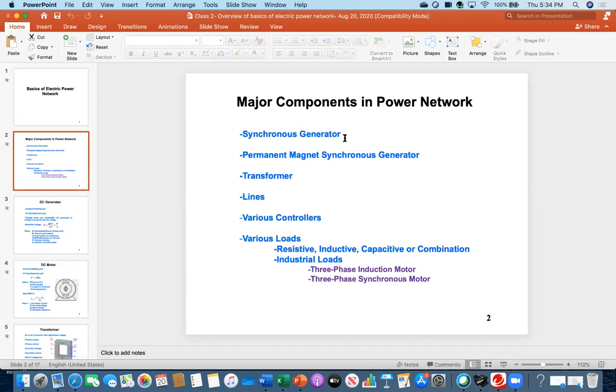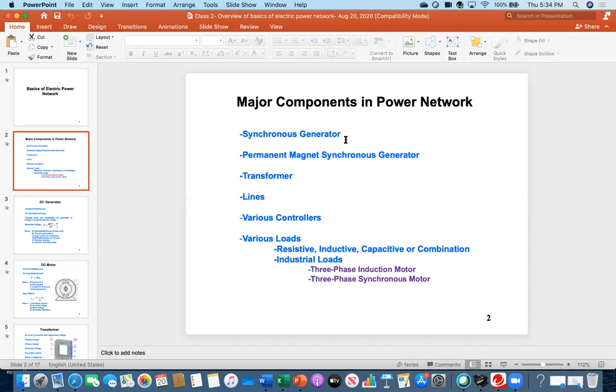Keep in mind, this synchronous generator is located in the main power plant. All over the world, if you see a power plant, then that is a synchronous generator, not any other generator. That synchronous generator could be nuclear based, coal based, oil based, could be steam turbine, could be hydraulic based.